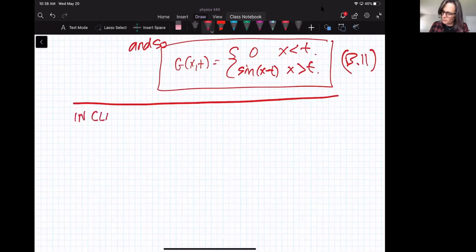The in-class problem is the following. We're going to consider the Helmholtz equation.